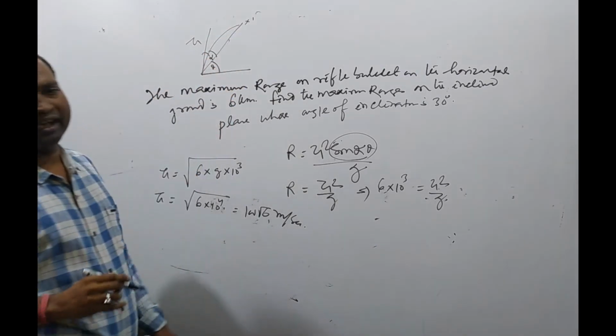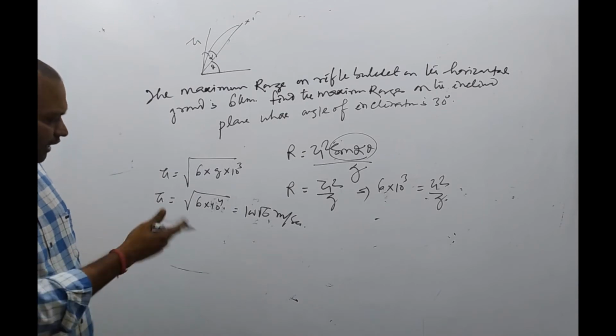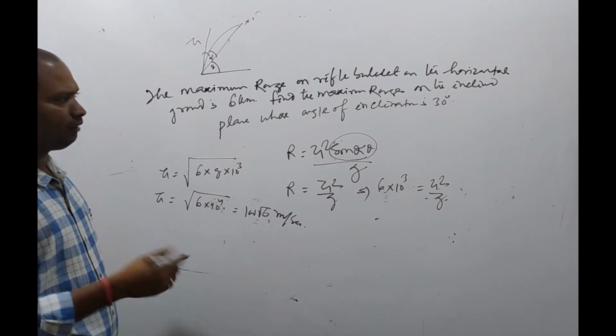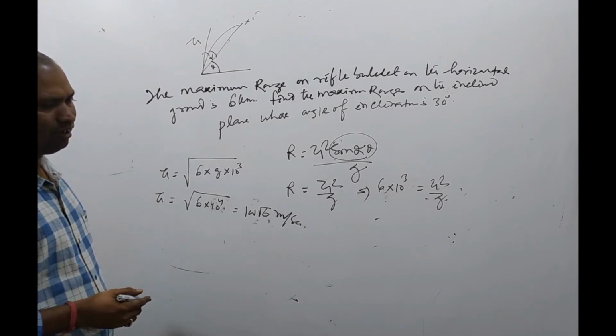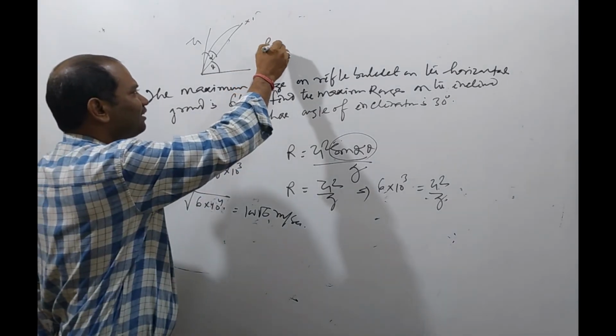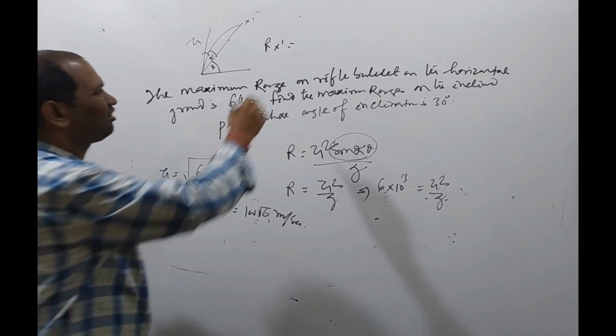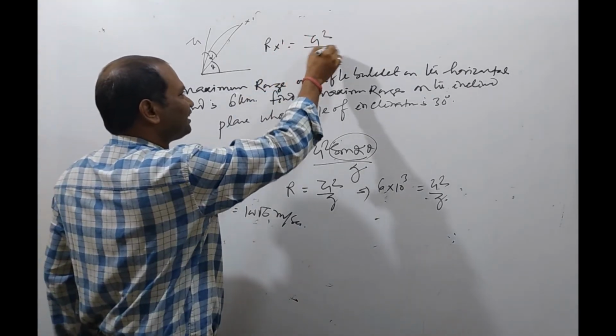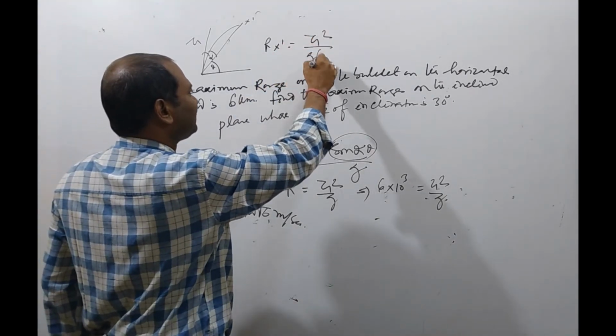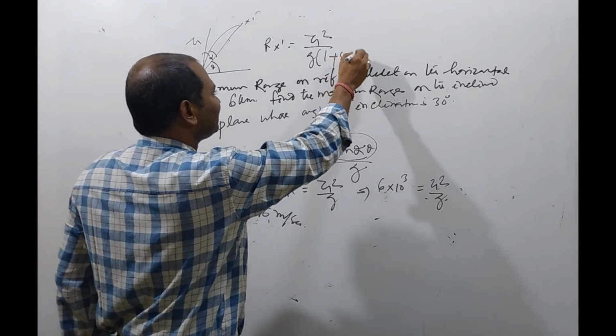The maximum range in this case I have already derived here. What is that formula? Rx dash is equal to u square by g into 1 plus sin theta.